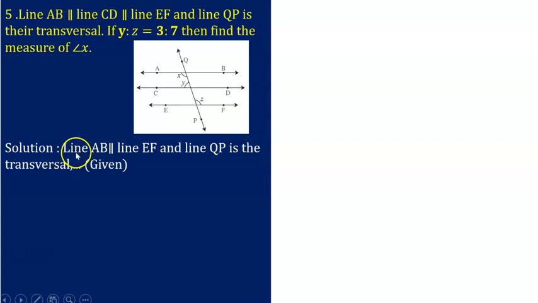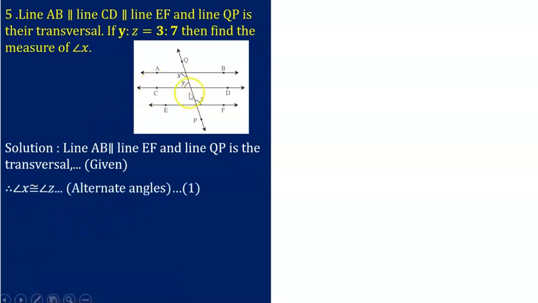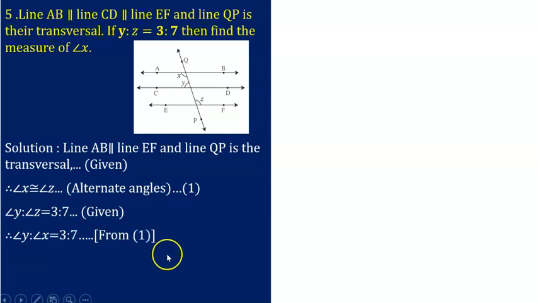Now the solution: line AB is parallel to line EF and line QP is their transversal. Therefore the measure of angle x is congruent to the measure of angle z. These are the alternate angles. Next, the ratio of angle y to z is 3:7. This is given.